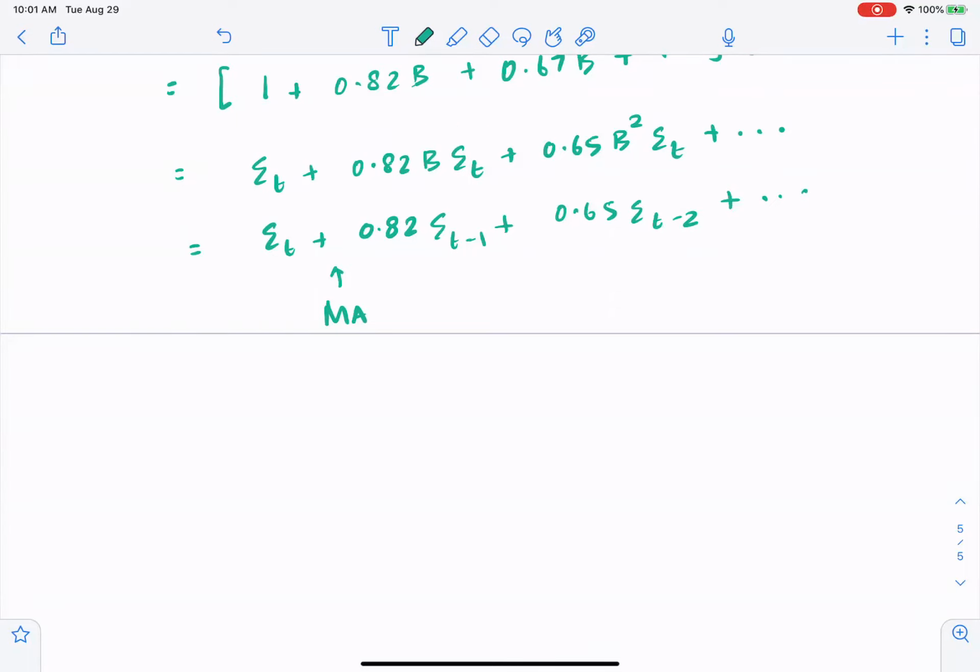Did I stop at P? Andres, correct. It is an MA infinity process. So what I simply did is I took an AR(p) process and I rewrote it as an MA infinity process.